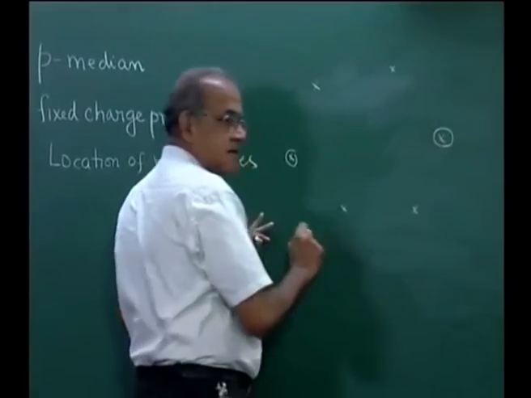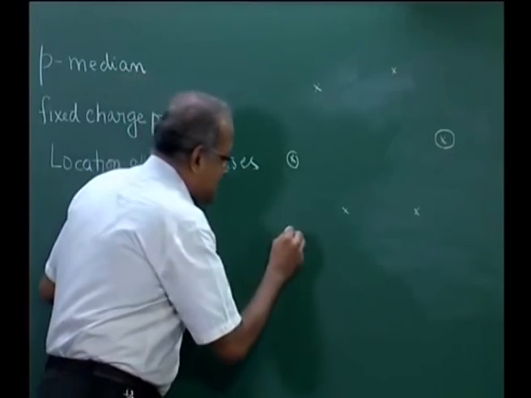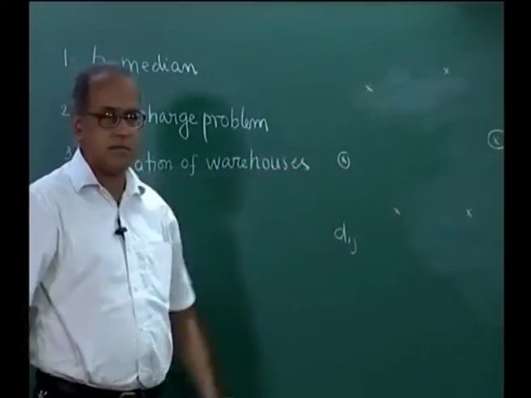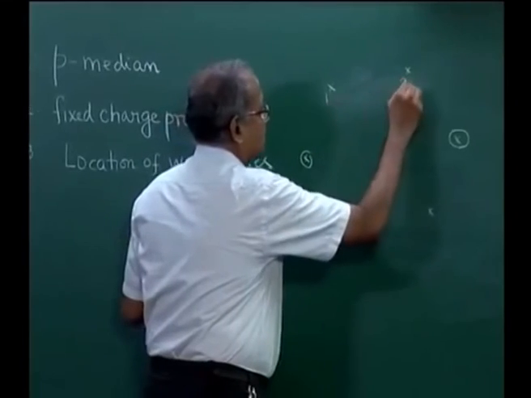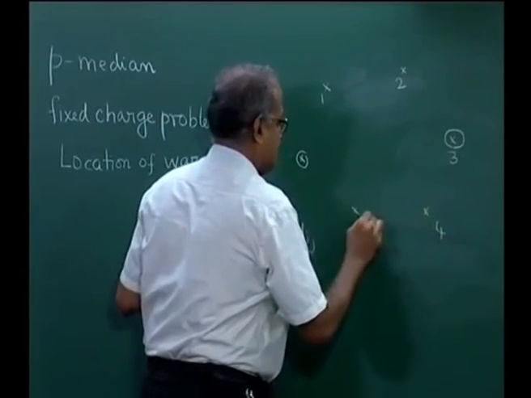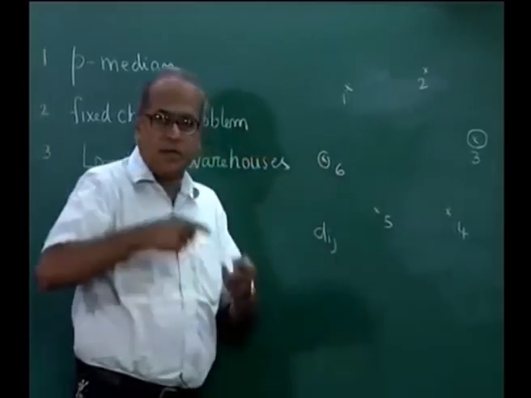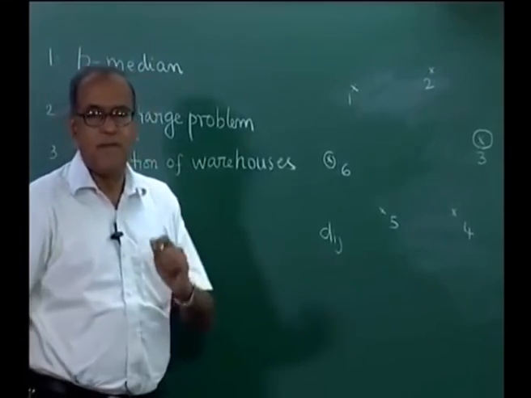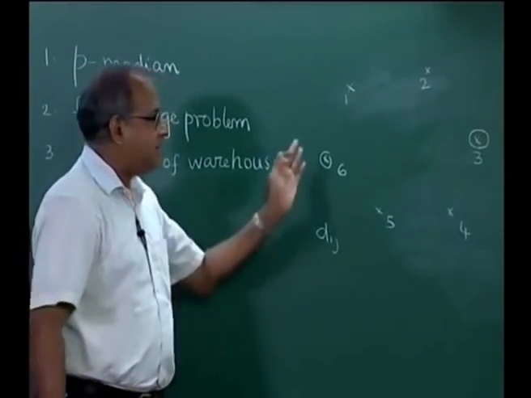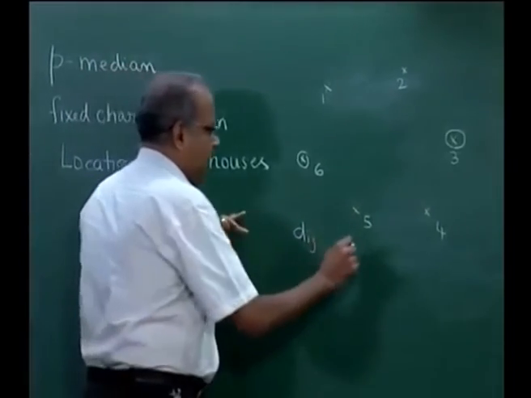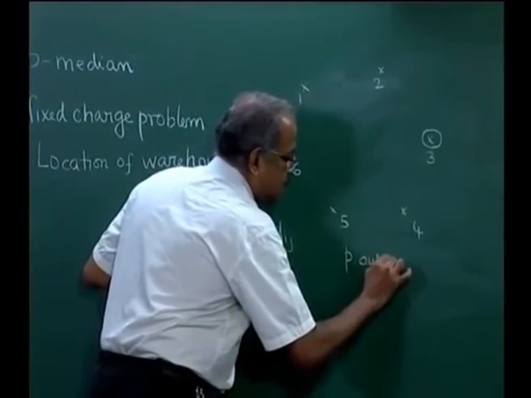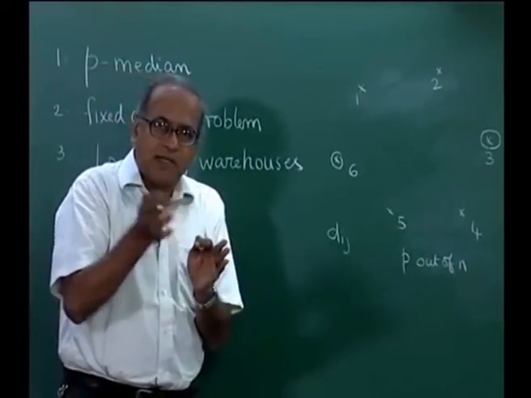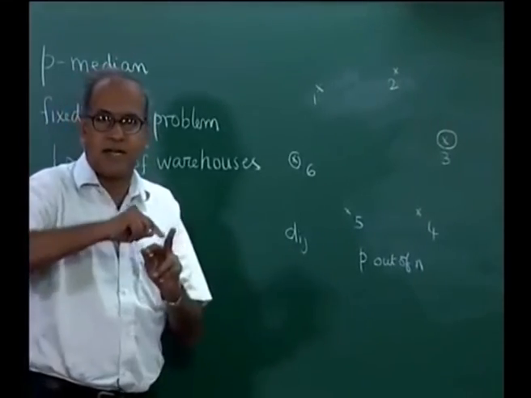Now, there are 6 points or there are n points. There is a distance matrix Dij that is known, which means the distance between each of them is known. We call these 1, 2, 3, 4, 5, 6. Distance between a point and itself is 0. So, the Dij matrix is known. The P median is to choose P out of these n points which act as medians, and each of the remaining n minus P points is attached to a median.